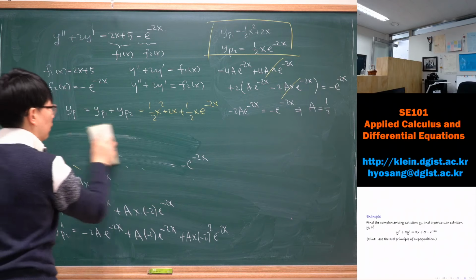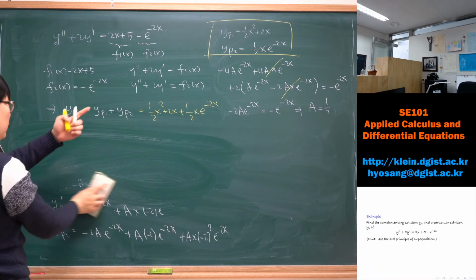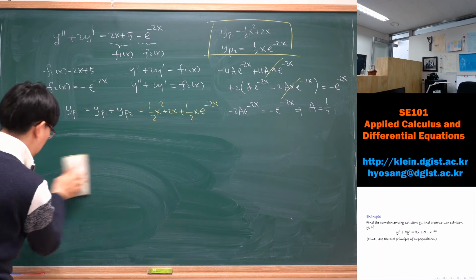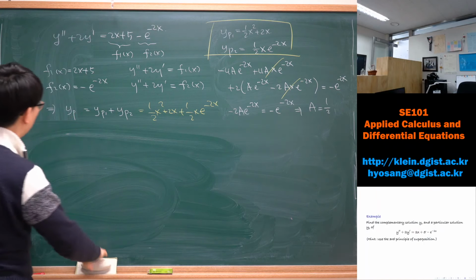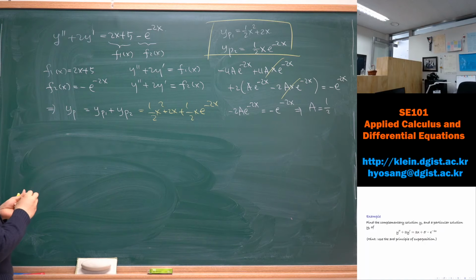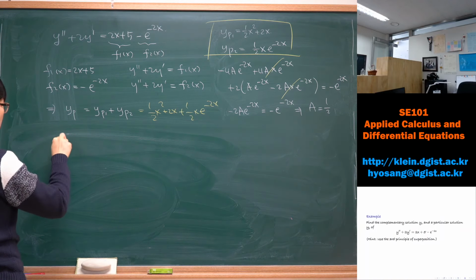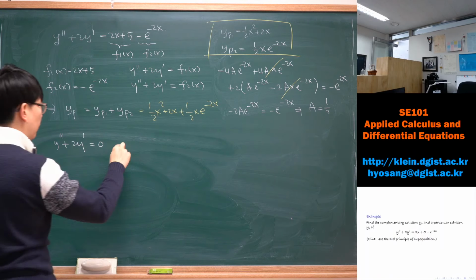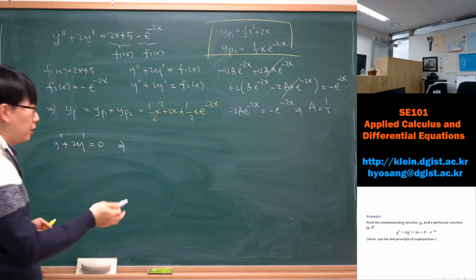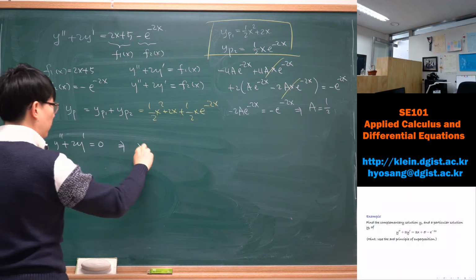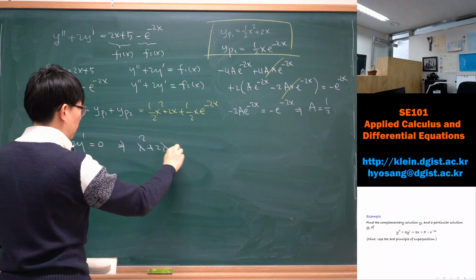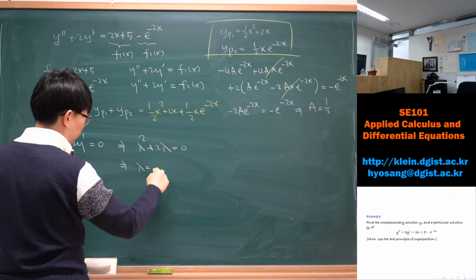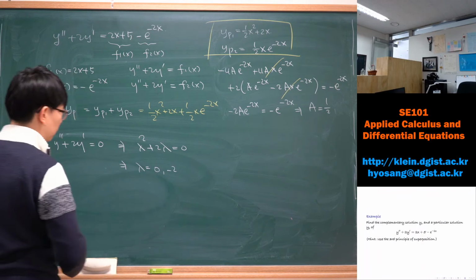So when p(x) is 0, our differential equation becomes a homogeneous differential equation with constant coefficients, which is y double prime plus 2y prime equals 0. You can solve this by the characteristic equation, lambda squared plus 2 lambda equals 0, which has solutions 0 or minus 2.